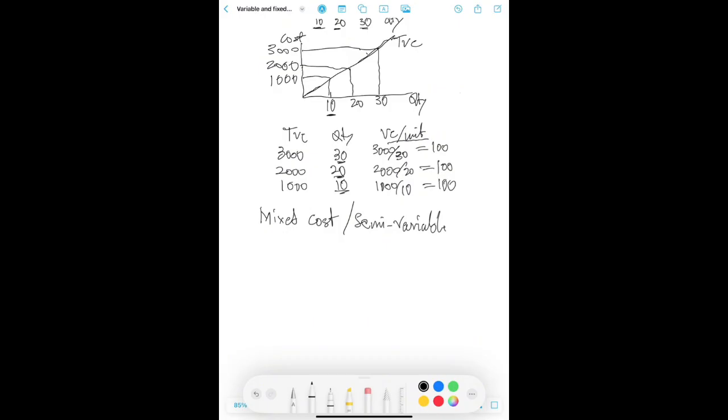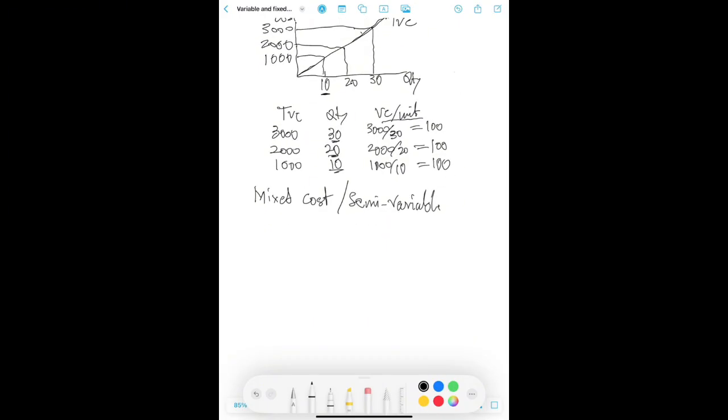So a cost that has both an element of variability and fixed is what you call a mixed cost.